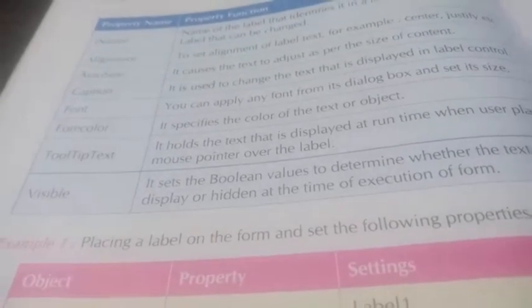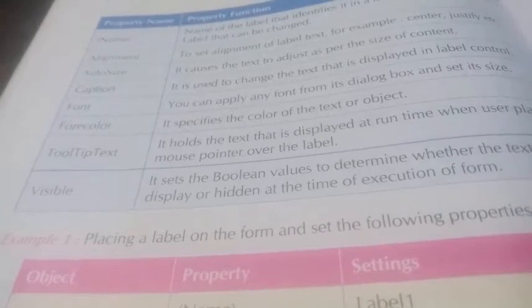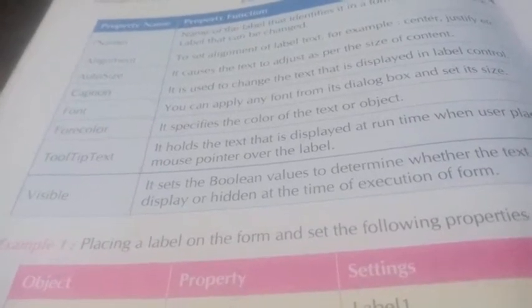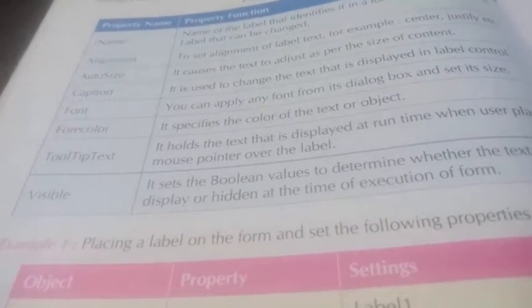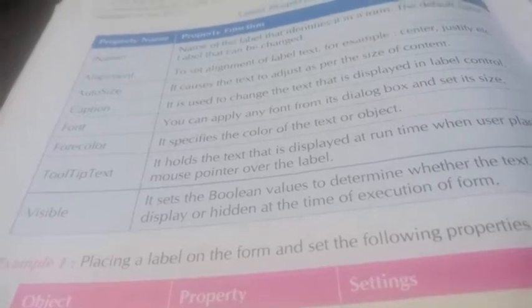When we move the cursor or mouse pointer over an image, at that time a pop-up message is displayed. This is called tooltip text. And visible sets a boolean value to determine whether the text will be displayed or hidden at the time of execution of the form. So this is the example of a label.